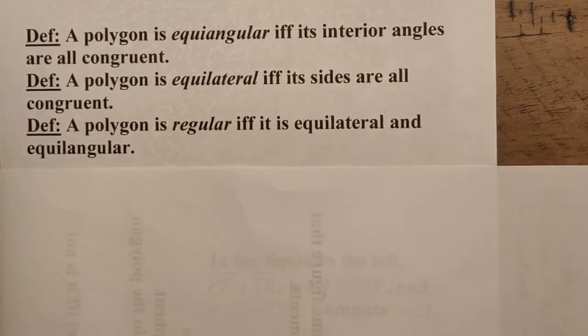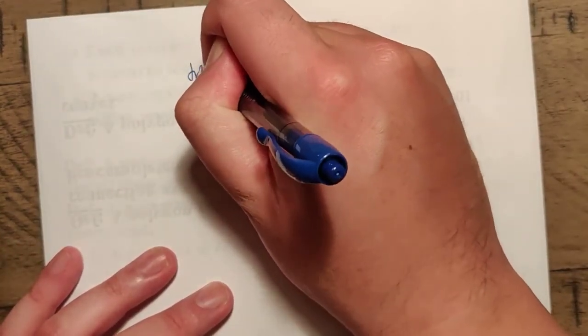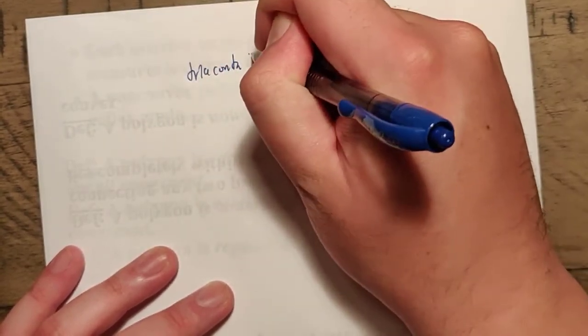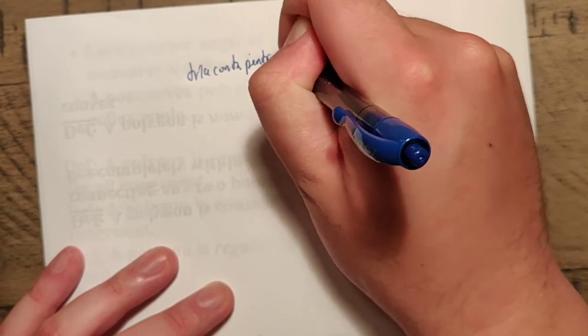Now, I mentioned before this idea of the number of sides of a polygon. We had our chart for 3 through 12 sides, and you should know those. But we can actually continue our naming convention. There is a way to name polygons with more than 12 sides. You can have something like a triacontapentagon.